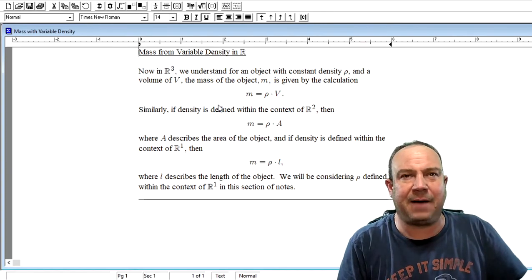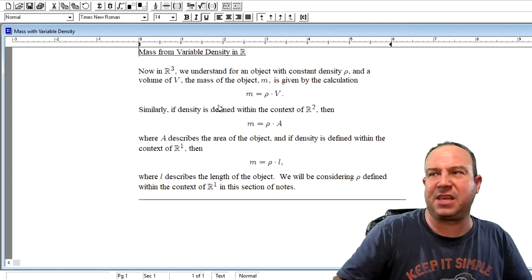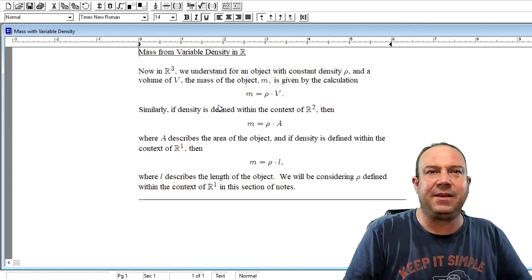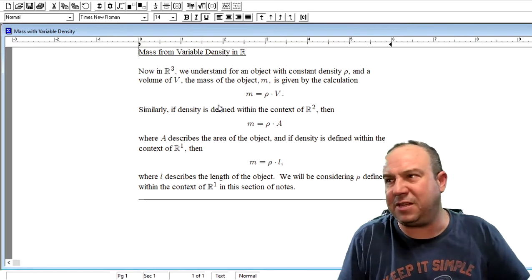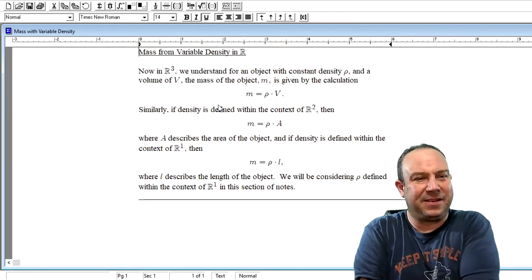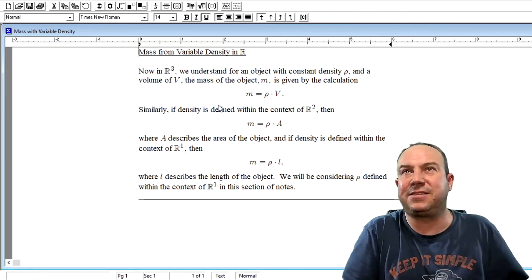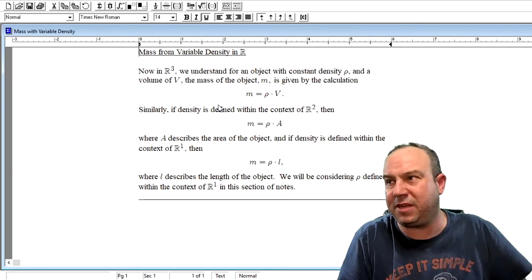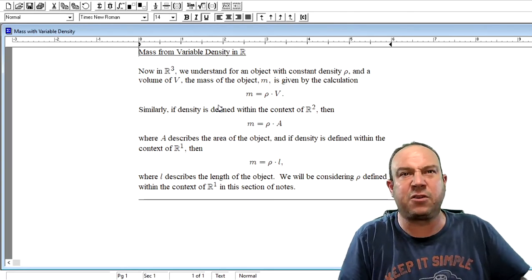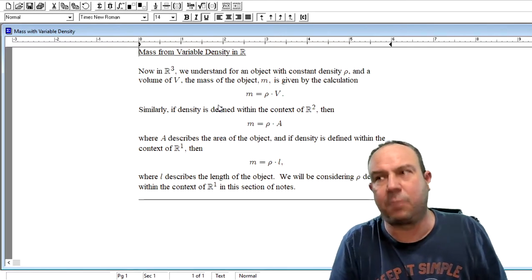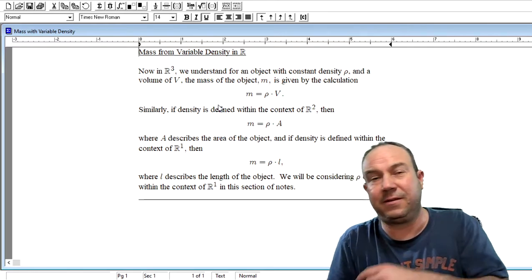That would be a description of density in the context of two dimensions. So if it's 2 pounds per 10 square feet and you have 100 pounds of it, how many feet do you have? Well, that's going to be 50 times 10, which is 500 square feet of carpet if you have 100 pounds of carpet.